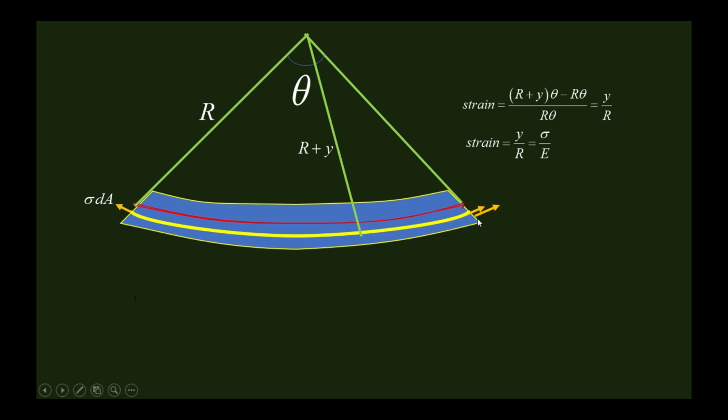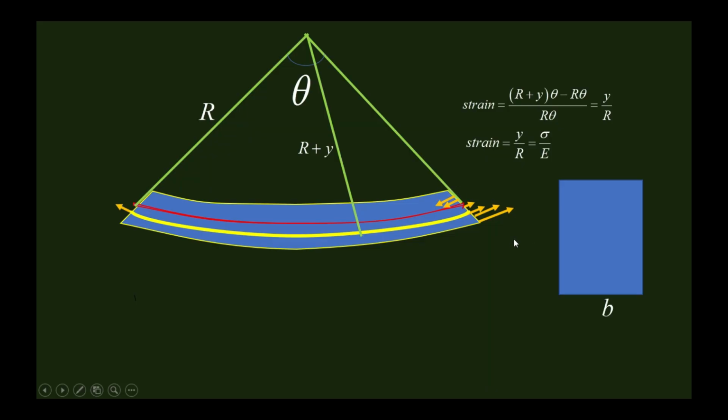Similarly, if we consider other layers, they will all have force acting on them. The layers below the neutral layer are stretched and have a tensile force, while the layers above the neutral layer are compressed and therefore have a compressive stress.